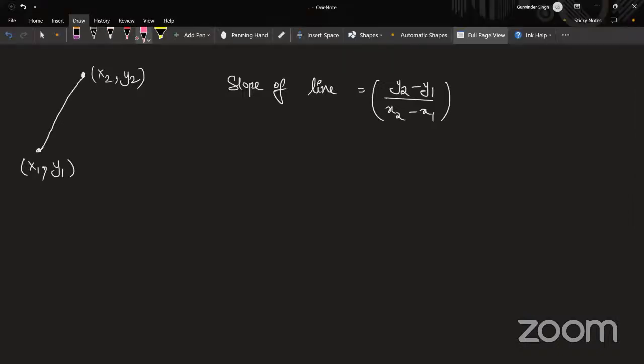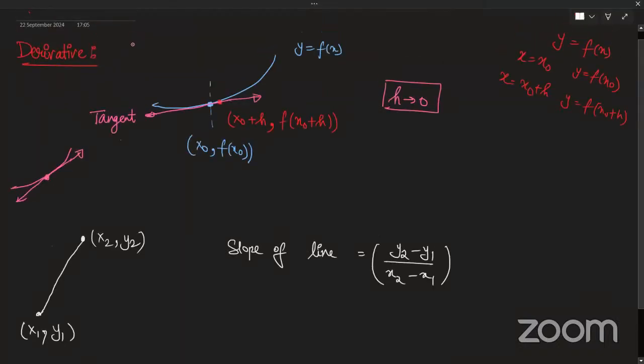Similarly over here, if I try to calculate the slope of this tangent, I have got 2 points. One point is x naught comma f of x naught. Another point is x naught plus h comma f of x naught plus h.